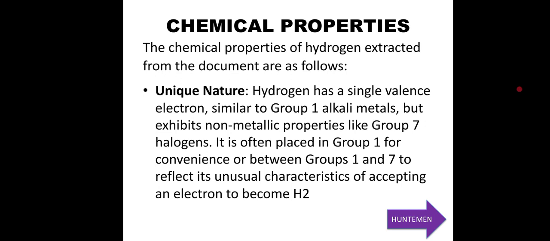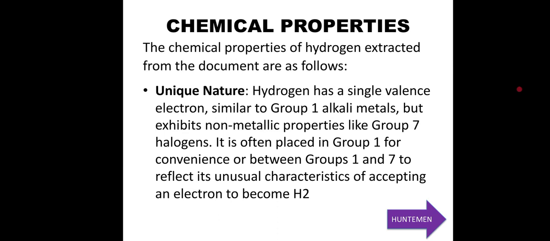Chemical properties. The chemical properties of hydrogen, extracted from documents here and there, different textbooks online, have been gathered together for you here. So let's look at the first part, the unique nature. Hydrogen has a single valence electron, similar to group 1 alkali metals, but exhibits non-metallic properties like group 7.